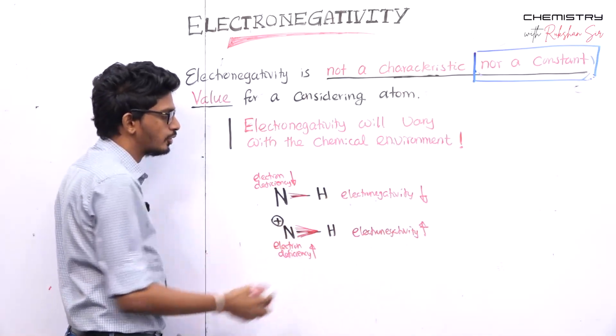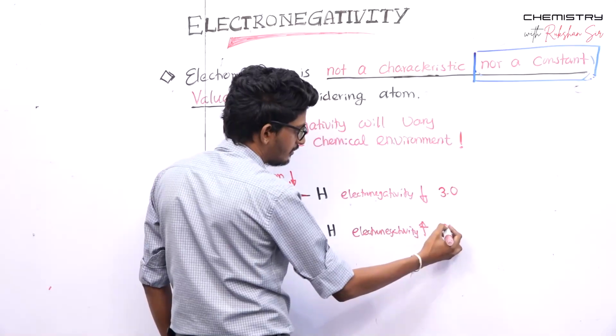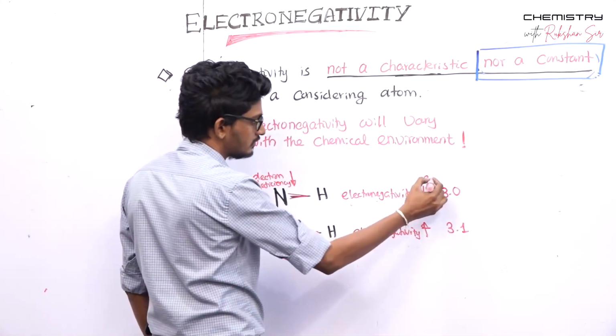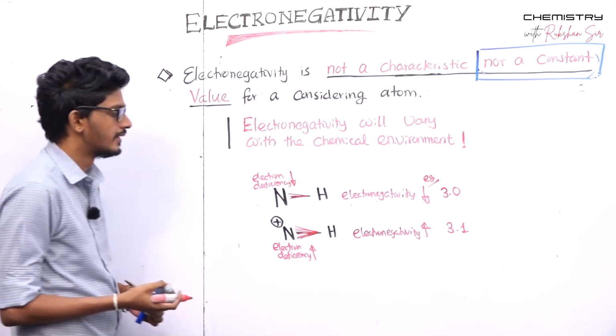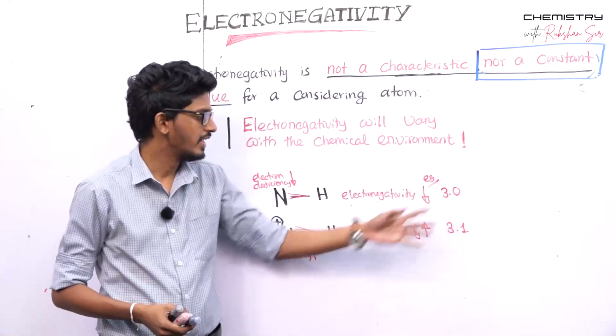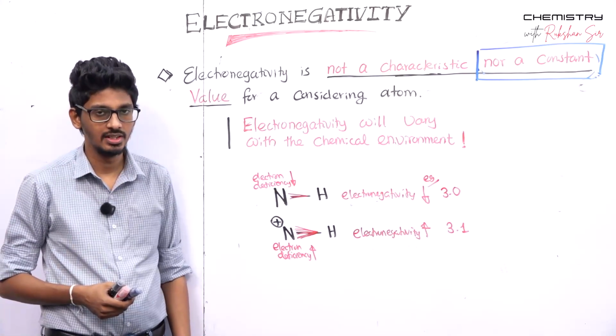So both can't carry 3.0. If this value is 3.0, this value could be 3.1, like that. So the value of electronegativity will vary with the chemical environment of the element under consideration.